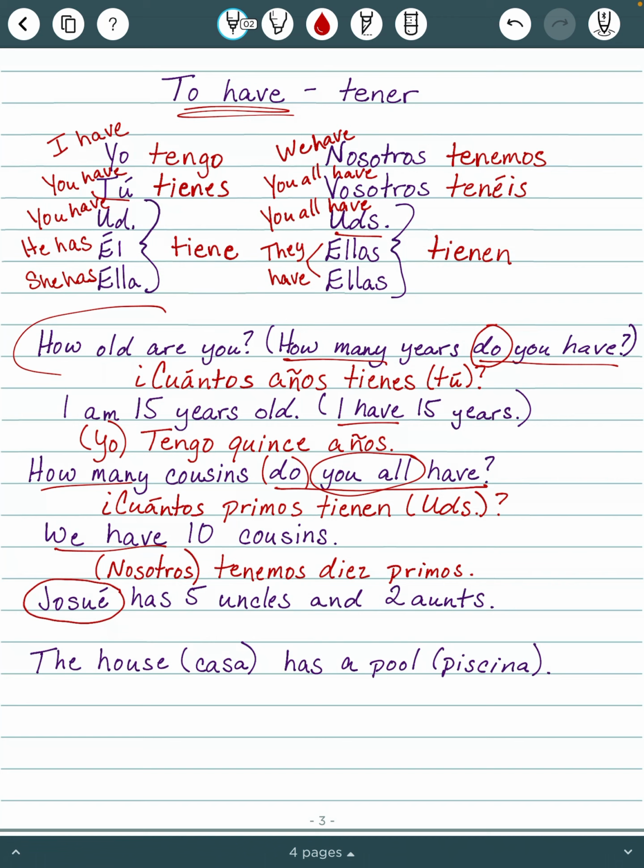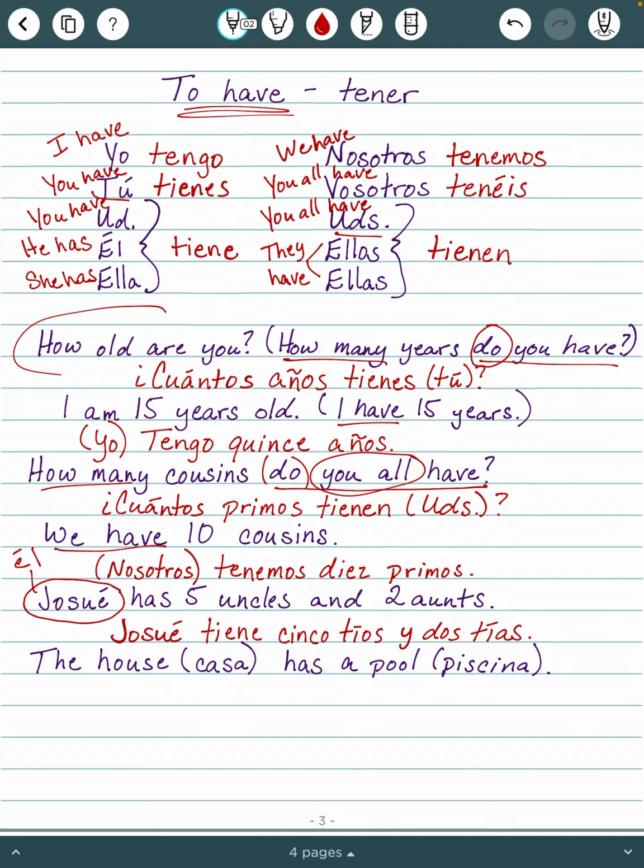Now I can say Josue here, and I'll keep that, but I'm thinking in my mind, okay, Josue is he, which is él. So él goes with tiene. Josue tiene 5 tíos, and is y, dos, and tías.